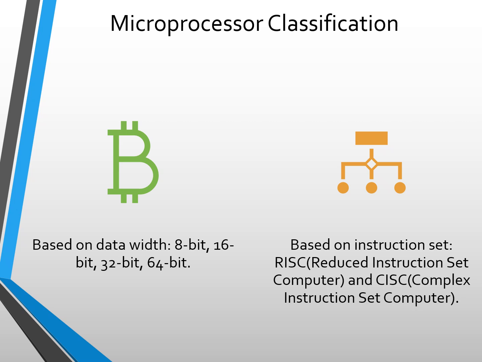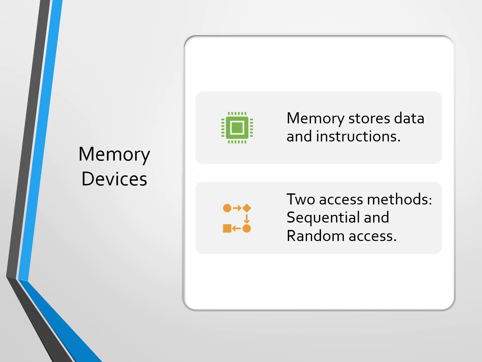Based on the instruction set, the classifications are RISC, which is reduced instruction set computer, and CISC, complex instruction set computer. So there are different types of microprocessor. These are the two of them.